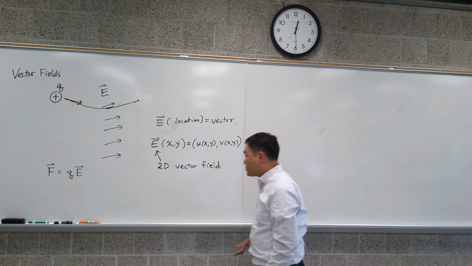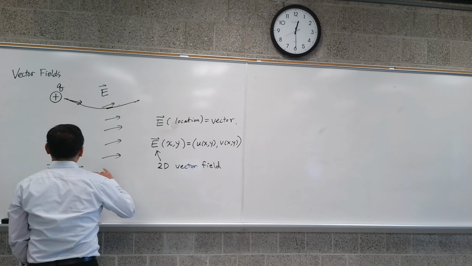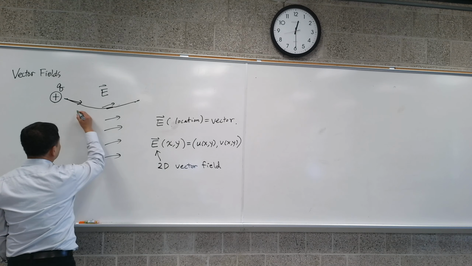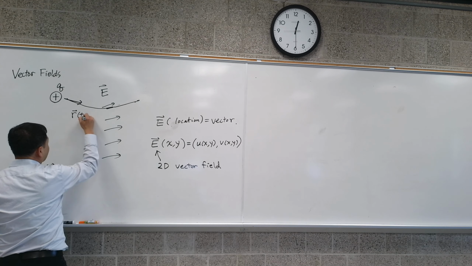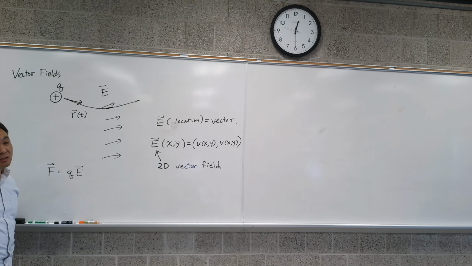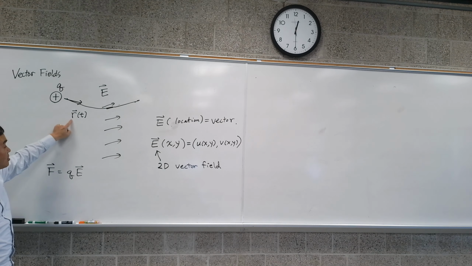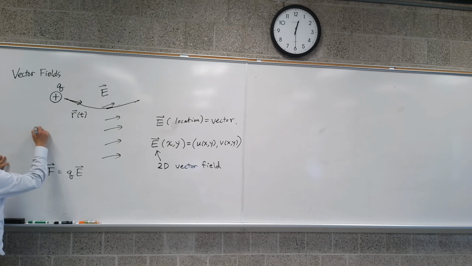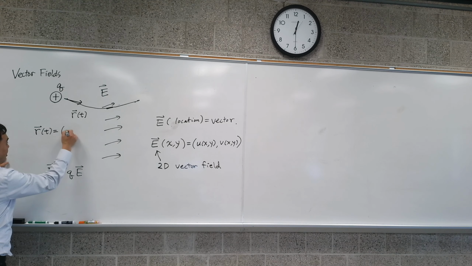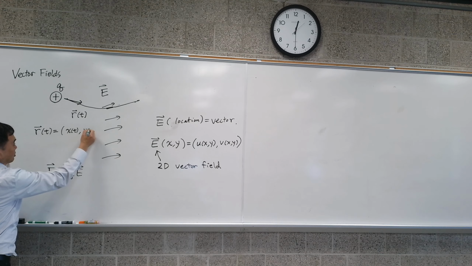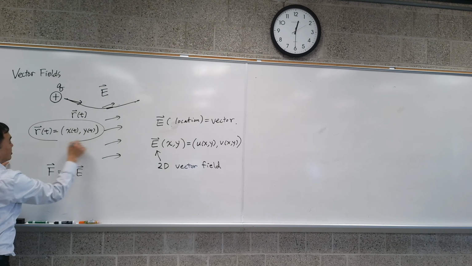And then let's say this particle is moving along a trajectory r(t). So r(t) is the trajectory of this moving particle at time t. Let's say for some reason we were able to get this. So at each time t, this gives you two coordinates, x and y. So r(t) looks like (x(t), y(t)).